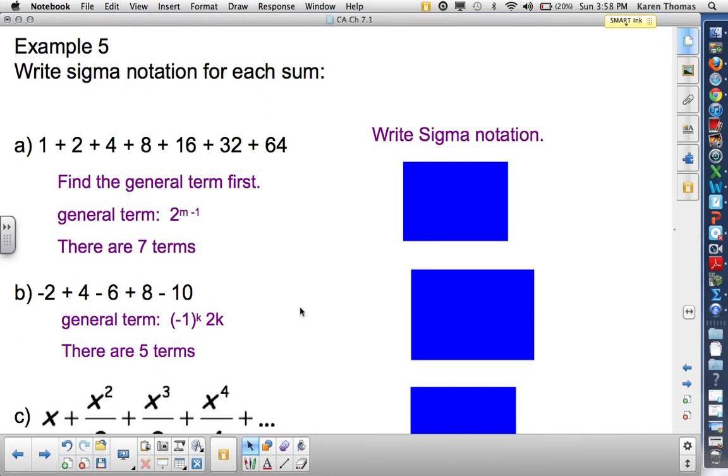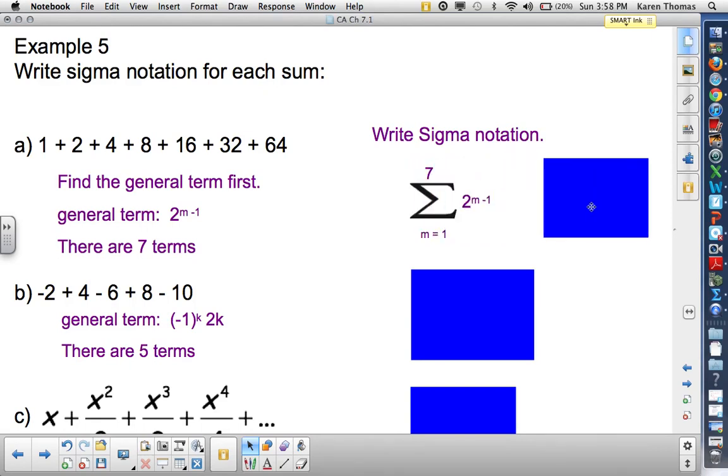There are a total of 7 terms. So to write this in sigma notation, I wrote it as m is equal to 1 as it goes to 7 with this formula, 2 to the m minus 1. We'll go over more in class on how to find this general term. Once you find that, the sigma notation should be easy.